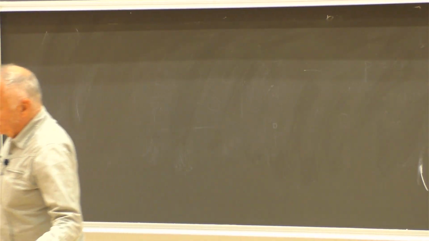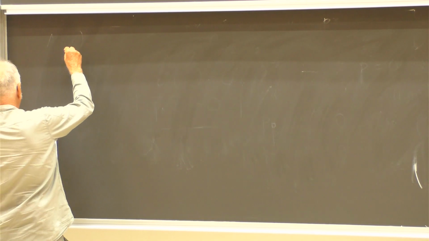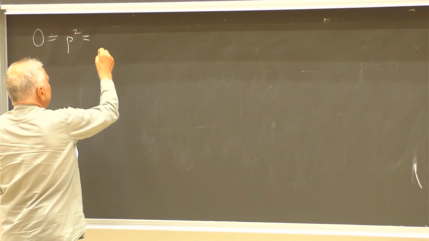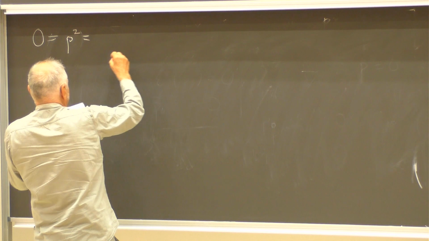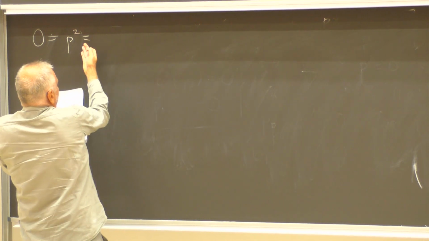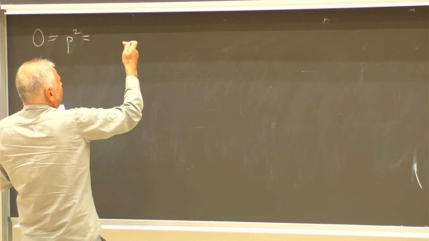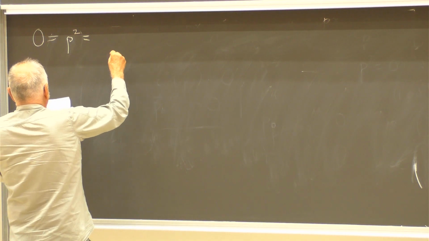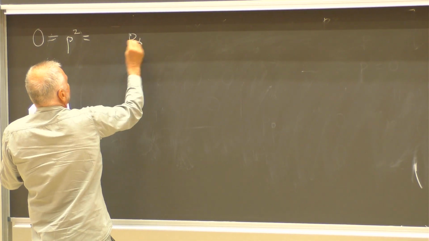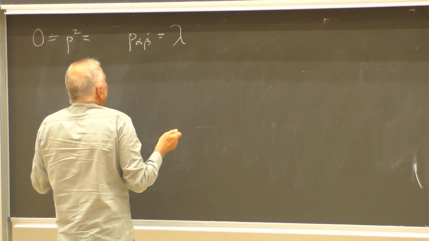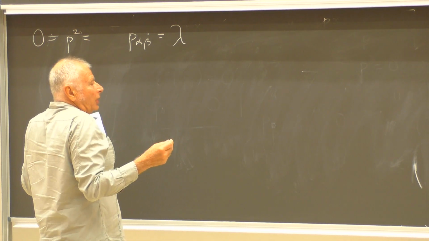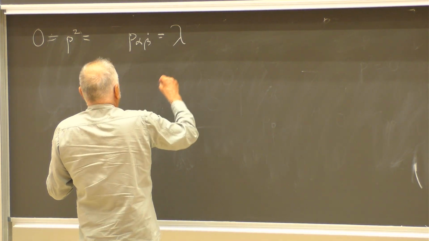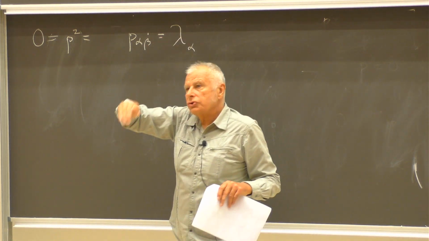So the momenta will always be light-like, and that means that if I construct from these vectors matrices, then the corresponding matrix will still have determinant 0, because the determinant of this matrix is always p squared, but that means that the two rows or columns are proportional to each other.